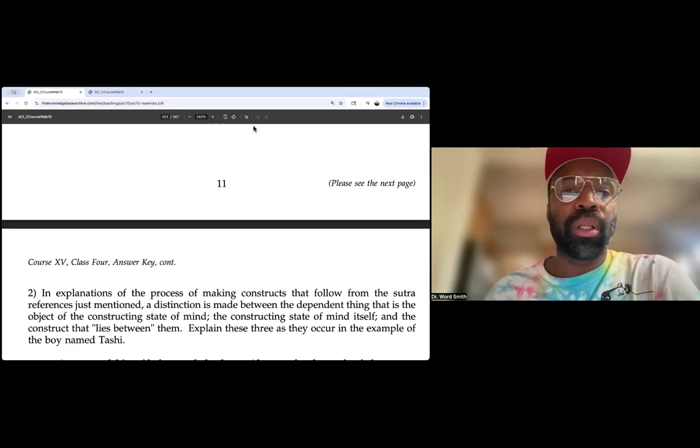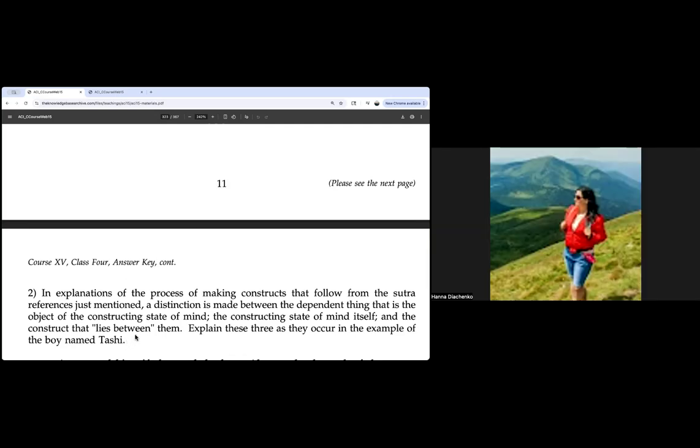Number two, Hannah. Explanation of the process of making constructs that follows from the sutra references: a distinction is made between the dependent things, that is the object of the construction state of mind, the constructing state of mind itself, and the construct that lies between them.